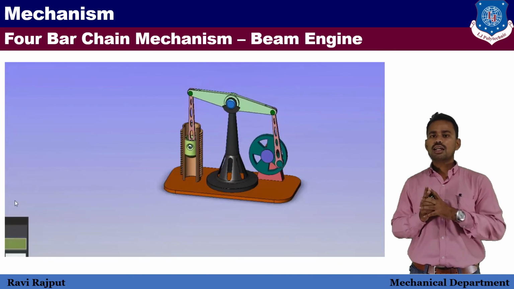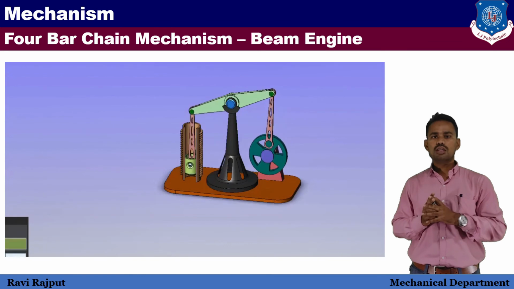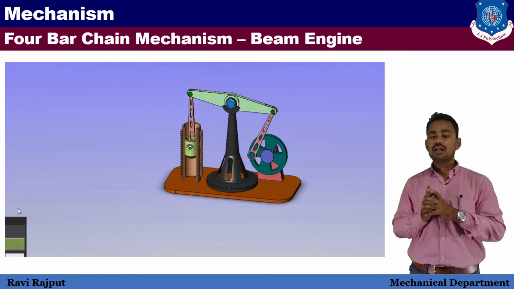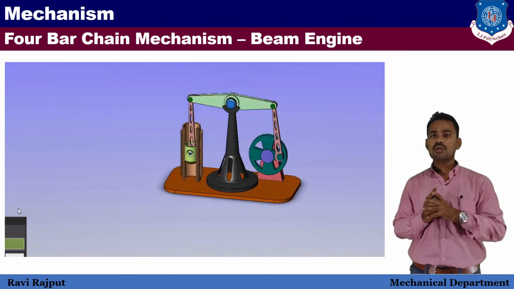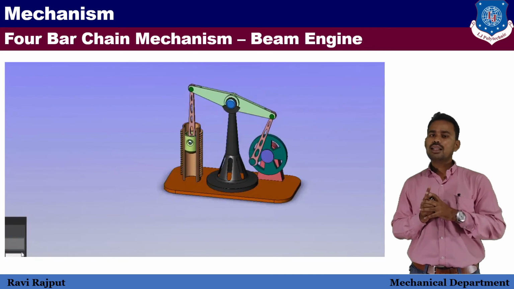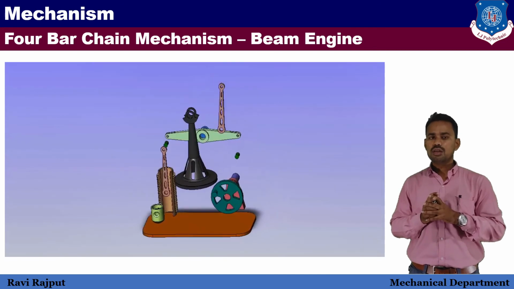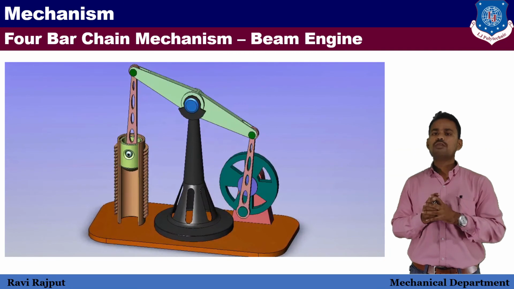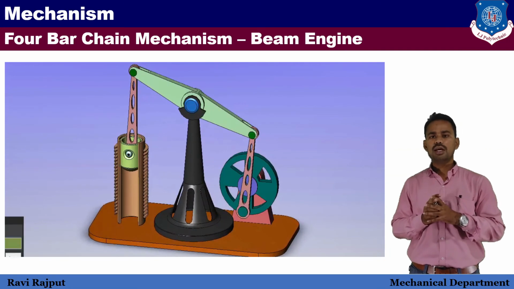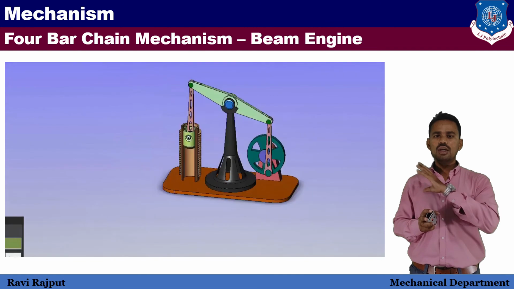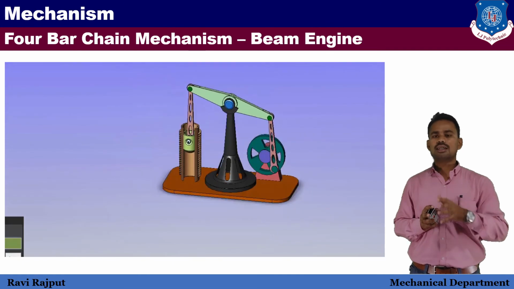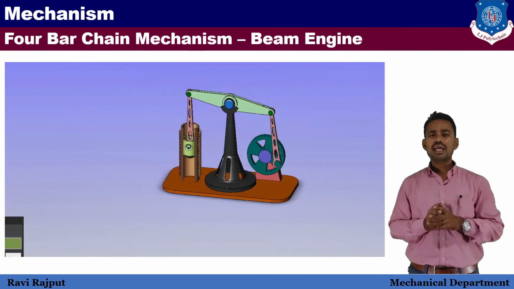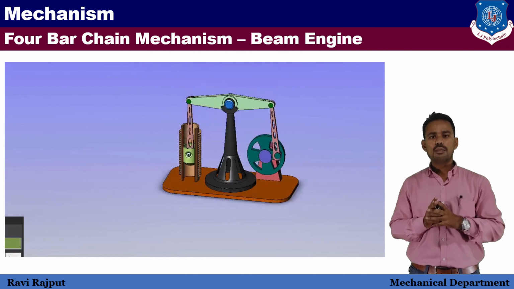Then the connecting rod is connected to a green colored lever. The green colored lever and pink colored connecting rod both have a turning pair between them. And then that is again connected to the beam. So the beam and lever also have a turning pair between them. We can see that all the pairs here are turning. So this makes a 4-bar chain mechanism.